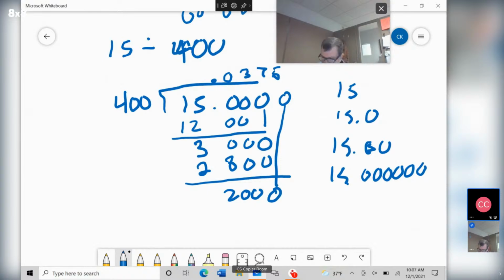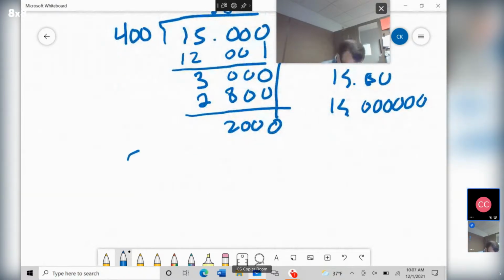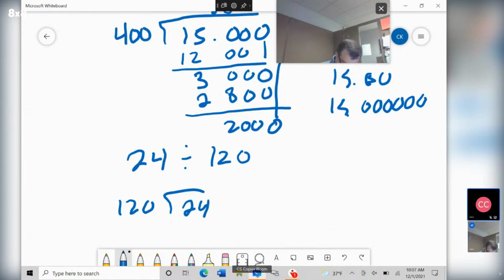So let's look at another one here. If we did 24 divided by 120. Okay, so what that would mean is 120 divided by 24. And we know that obviously 120 is bigger than 24, so we're going to have to add a 0, and we want to bring this decimal point up.